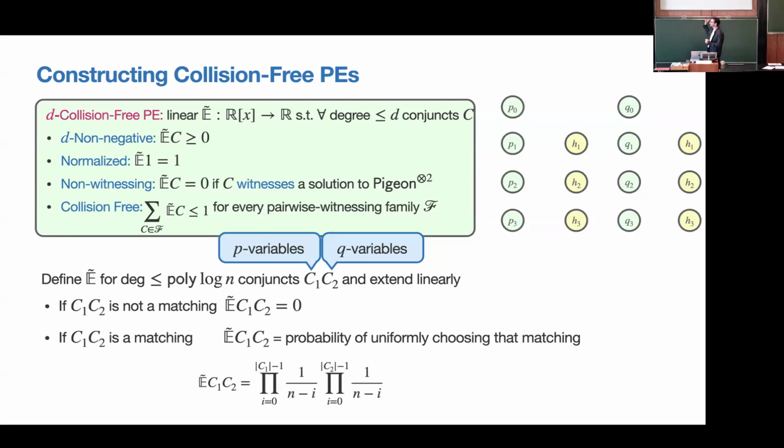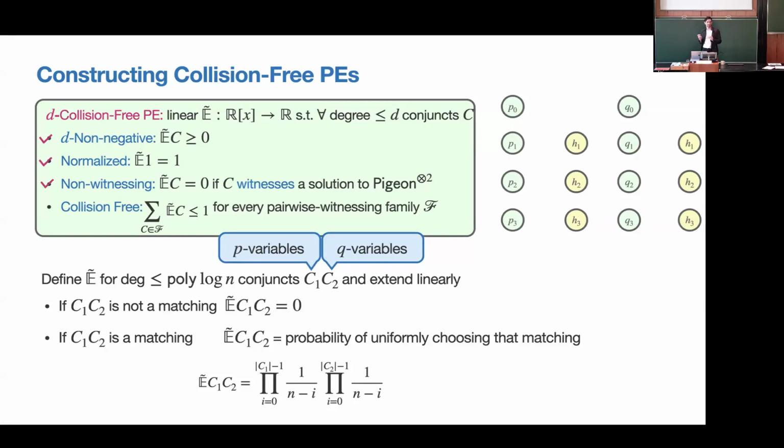For any conjunct, if that conjunct witnesses a matching, we'll set it to be the uniformly random probability of that matching. If the conjunct does not witness a matching, if it sees a collision, we'll set it to probability 0.